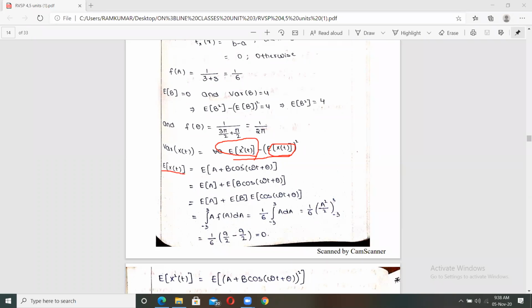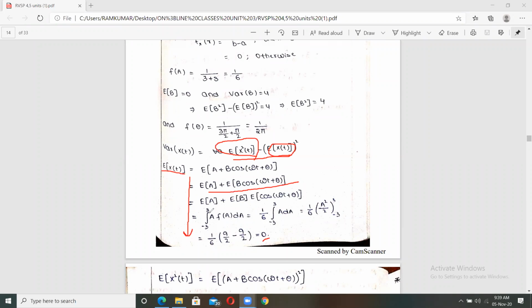E of x of t is like this. This is a lengthy process. E of a plus e of b cos(omega t plus theta). So we have to find out the mean value of this x of t. The mean value becomes 0. E of a plus e of b into e of cos(omega t plus theta).